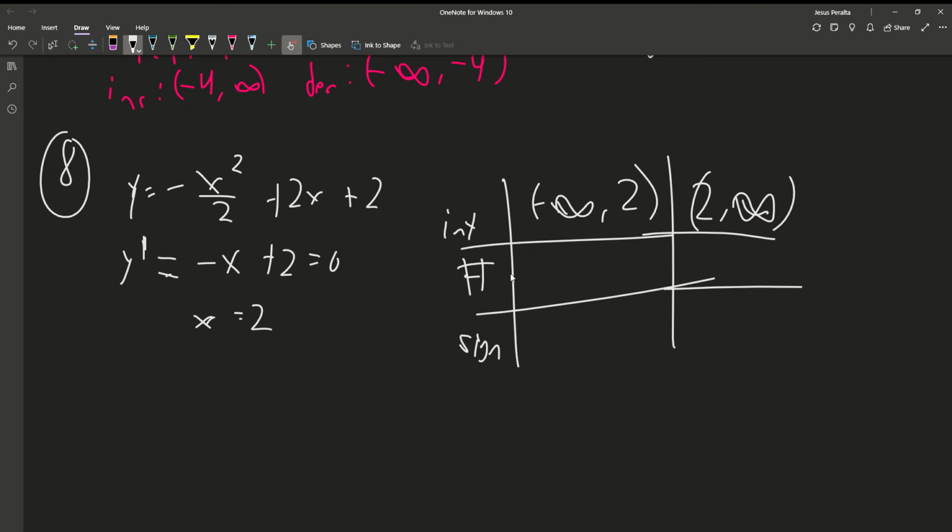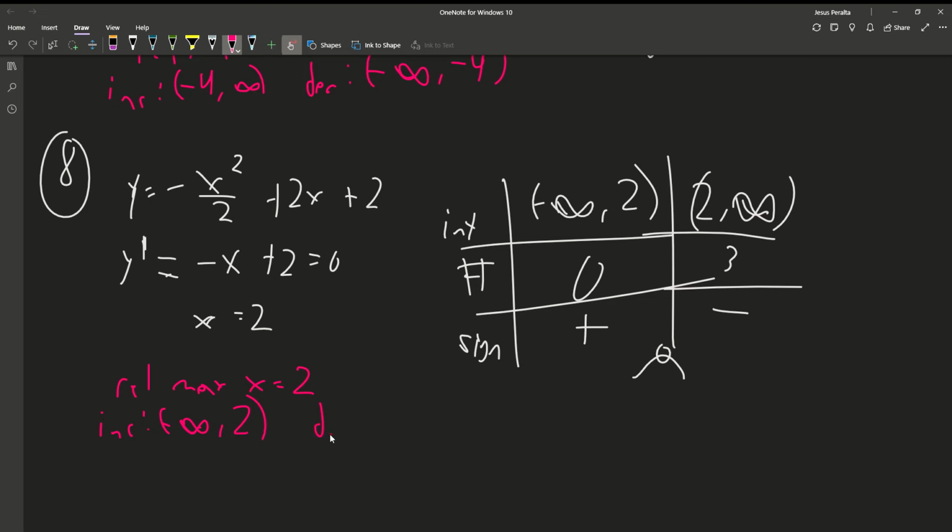So then from there, we're going to pick a number. It could be 0, and this could be 3. We plug it into the derivative. This would be a plus, this would be a minus. So then it would go from growing, and that means it would be a max. So we have our relative max at x is equal to 2, and we are increasing on the interval from negative infinity to 2.